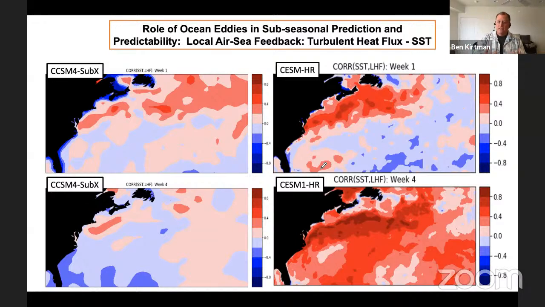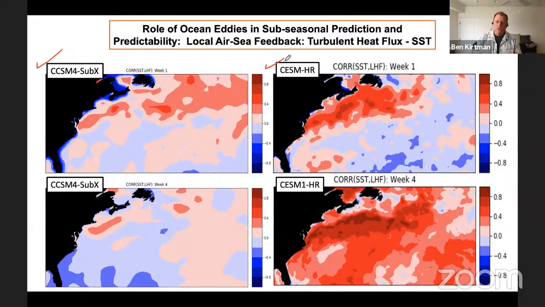These are actually initialized forecasts. The first set of forecasts are from CCSM-4 as part of the SubX project, and run regularly. And then this is looking at the CSM high resolution forecasts that we've made.